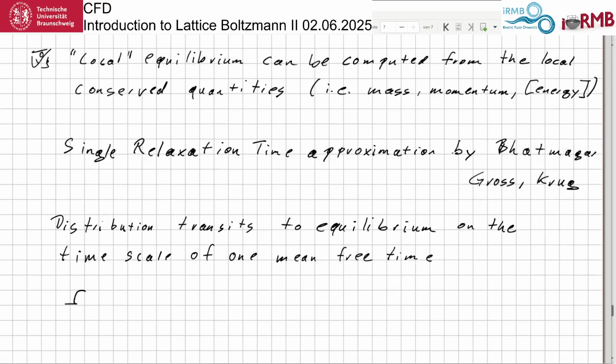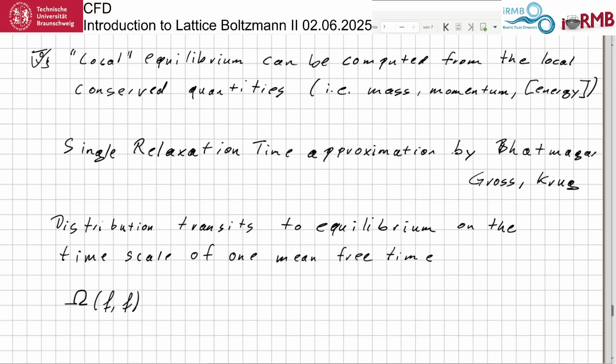This omega, again, is the effect of the collision, or the change in the distribution due to collision.